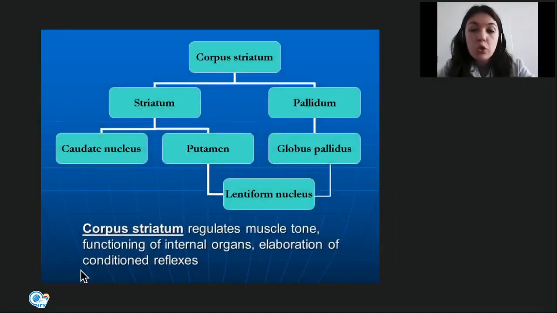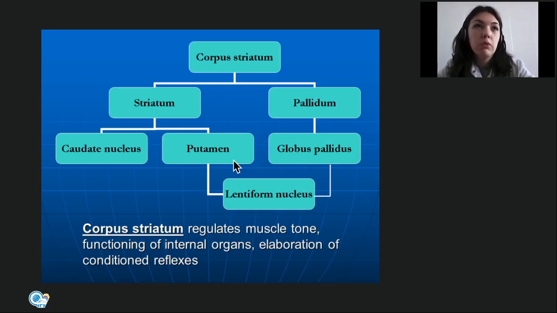So what are exact functions of each of the nuclei? Lentiform nucleus together with caudate nucleus they form corpus striatum or stria pallida system. I have already told you that lentiform nucleus consists of globus pallidus, that is medial part and it is more ancient part, and putamen, that is lateral part and it is phylogenetically newest part.